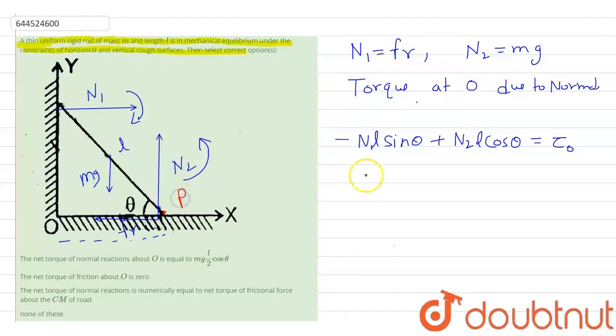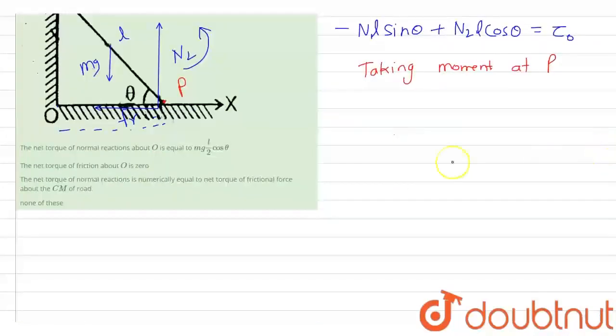Let's say this is point P. Taking moment at P, we have N1 into L sin theta, and we have taken the direction of N1 as negative because it is rotating in the clockwise direction, while the mg force will balance N1, so mg will rotate in the anti-clockwise direction.